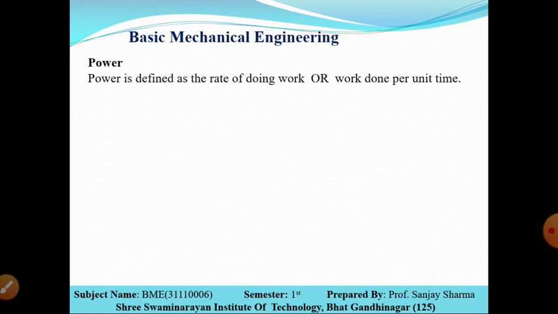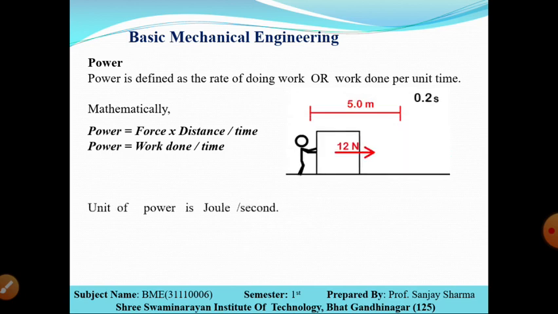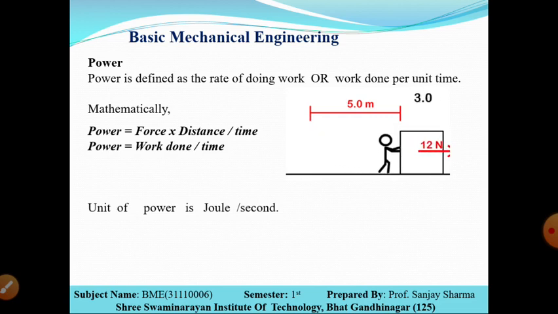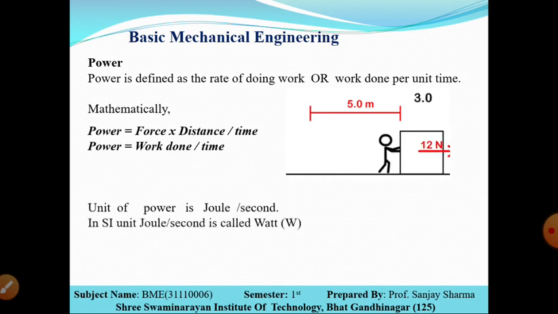What is power? It is defined as the rate of doing work, or work done per unit time. Mathematically, it is force into distance per time. Here you can see a person dragging a block: the time required, the distance traveled and the force applied. If you divide work by time, you get the power. The unit of power is joule per second.